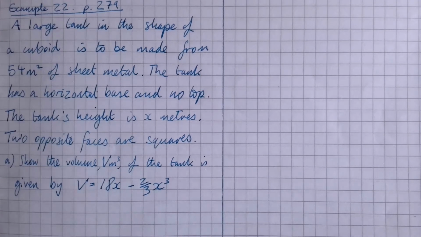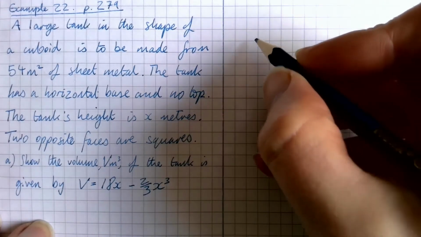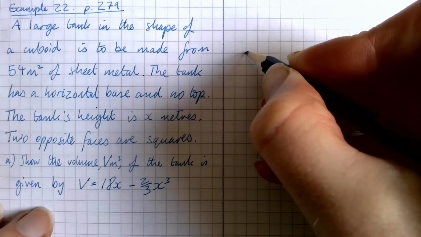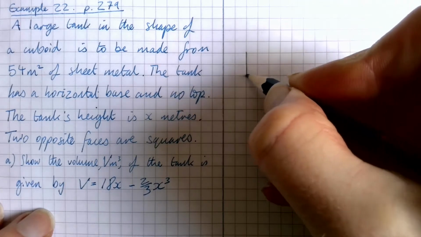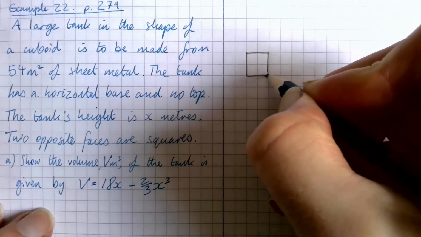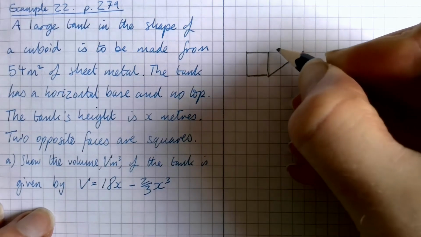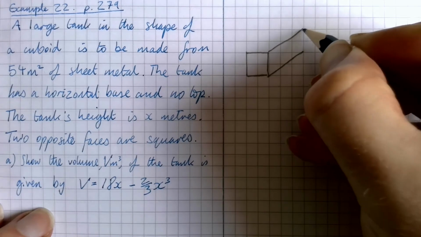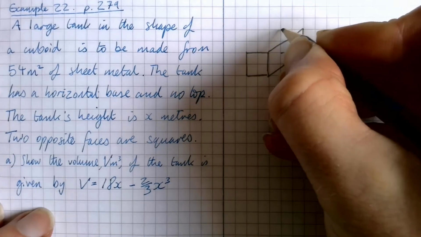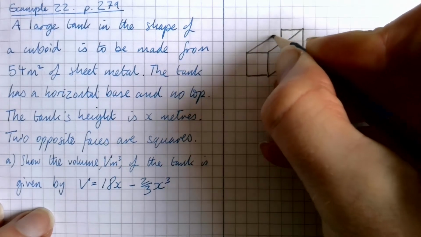So before I try and do anything else, I'm going to make a little sketch of what I've got so I can think clearly about what I'm trying to do. I've got the idea that the two opposite faces are squares, so I'm going to draw one square like that as the front of my cuboid. And then I'm just going to run up to there, there, and then I can see in the top, can't I?